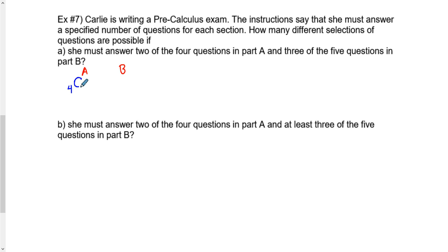She has to select 2 of them. It doesn't matter the order that she does them. She could do question 4 and then go back to question 1. And of the 5 questions in part B, she has to select 3. So 5C3. Again, it doesn't matter the way that she selects those 3 from the 5.